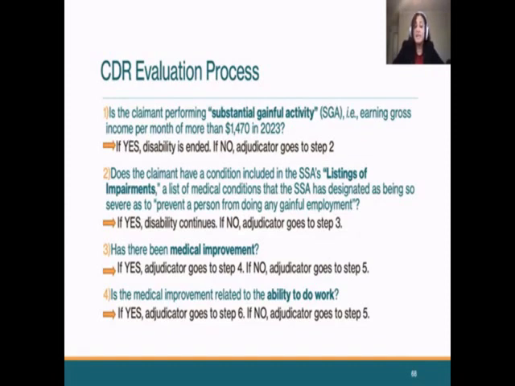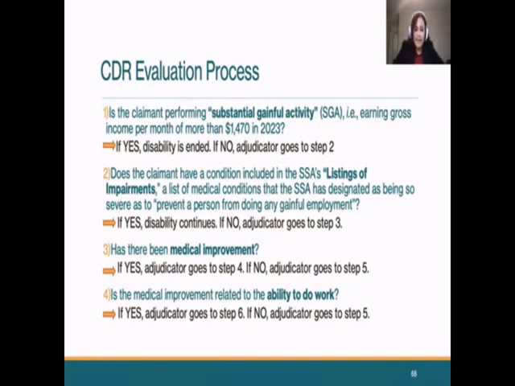If someone is receiving disability benefits and is earning more than $1,470 a month, then Social Security will find that their disability has ended. If someone is working but earning less than $1,470 a month or is not working at all, then Social Security will continue to the next step in the process.